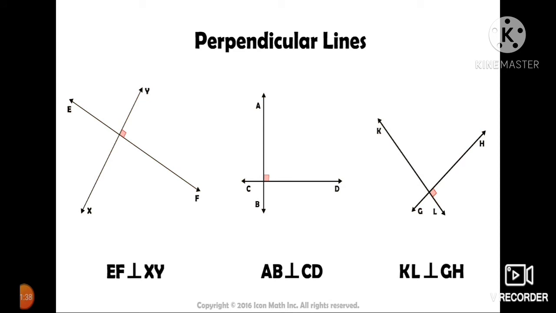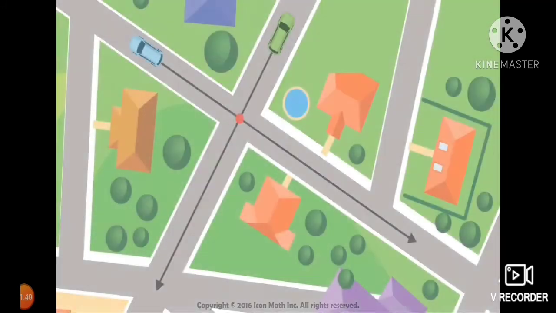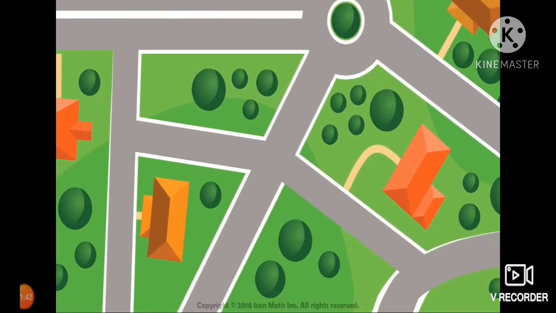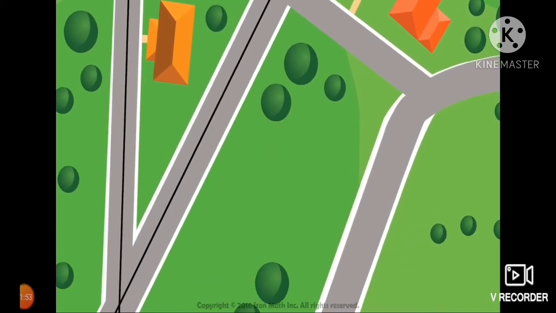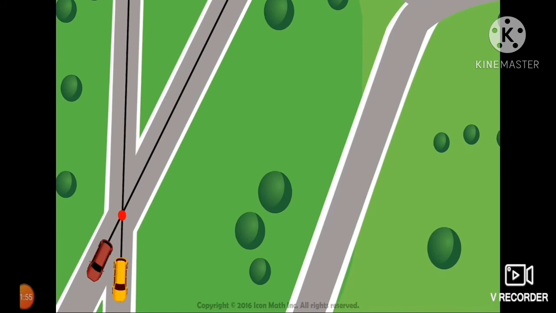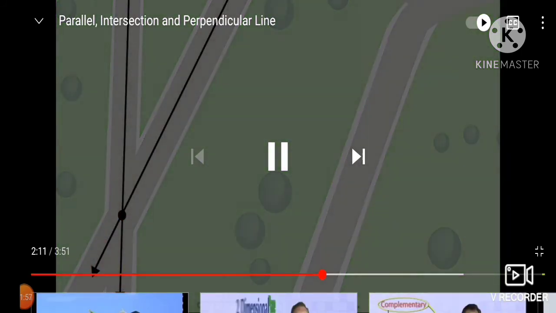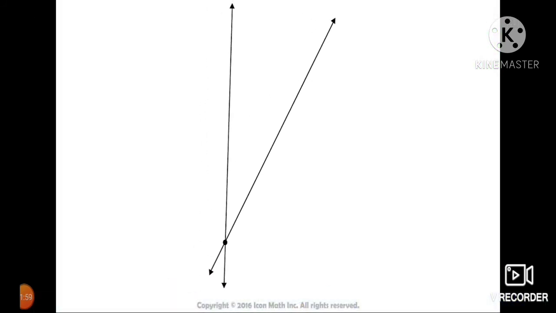AB is perpendicular to CD. This is the symbol. These are all examples of perpendicular lines. Those are perpendicular lines.